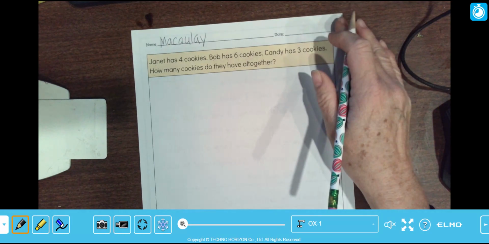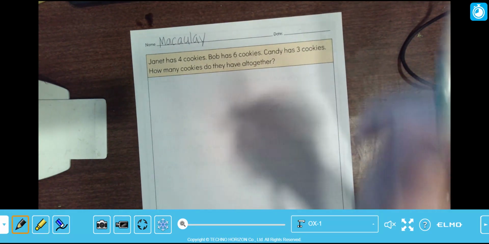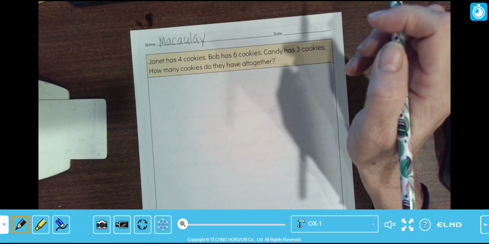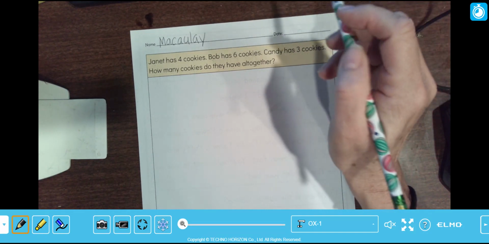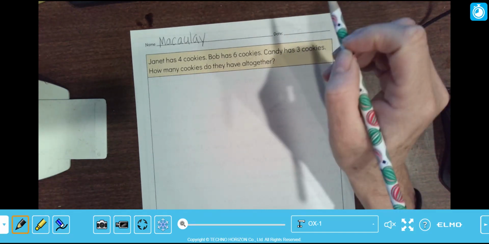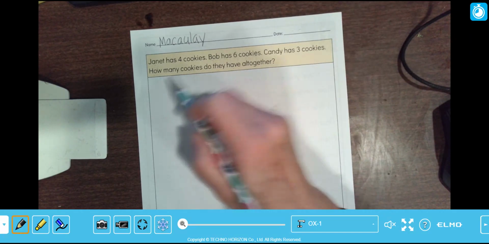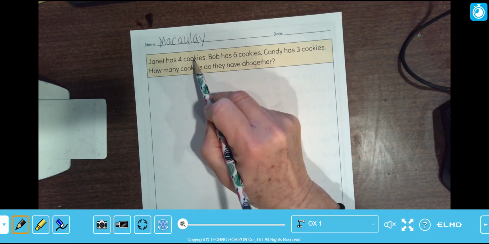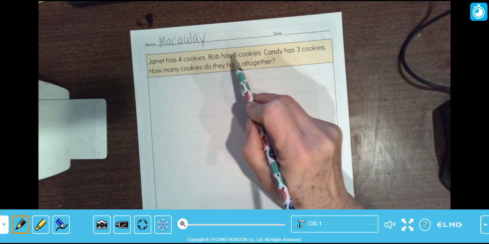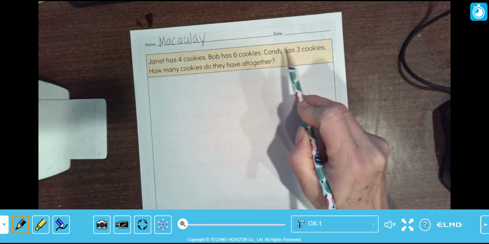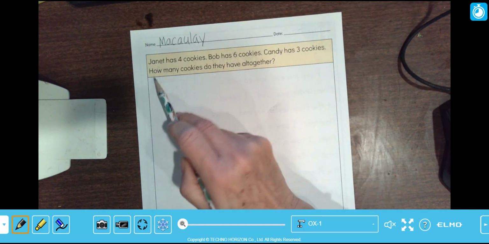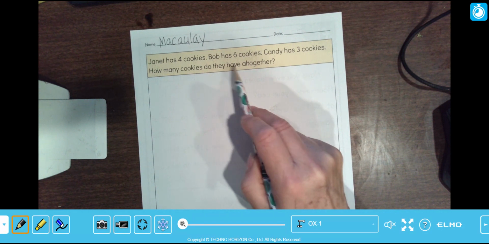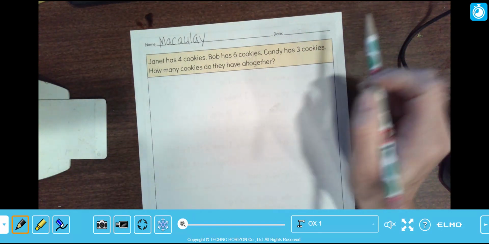Good. All right. So now I'm going to read it again. And this time we're going to think about what's happening with Janet, Bob, and Candy. Janet has 4 cookies. Bob has 6 cookies. Candy has 3 cookies. How many cookies do they have altogether?